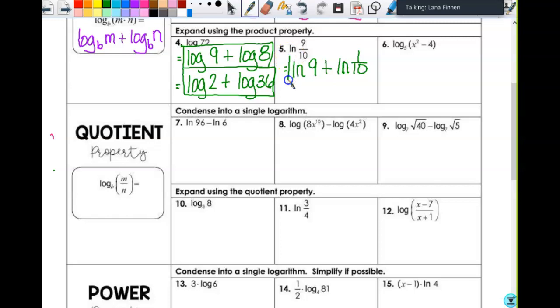What if I had the natural log of 3/10? What would the second one have to be? Maybe 3 over 1, which you could just have as 3, and that's fine.